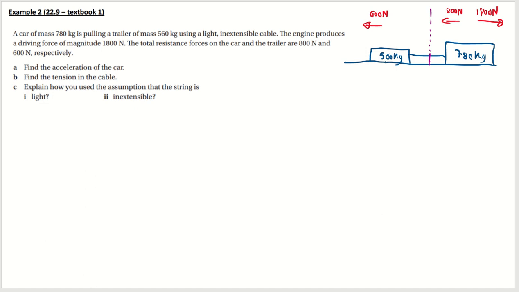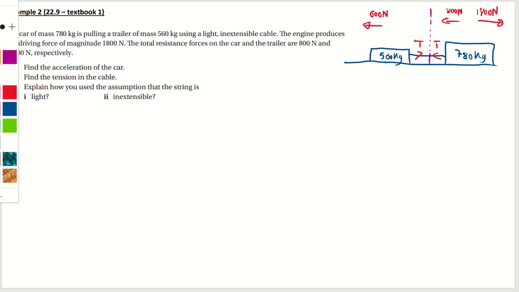Those forces act directly on those objects. There are also forces passed on through this cable, so it's halting the car, pulling it back, and it's the thing that is directly pulling along the trailer. So this 1800 newtons is not acting directly on the trailer. It's the tension in the cable that is acting for that.